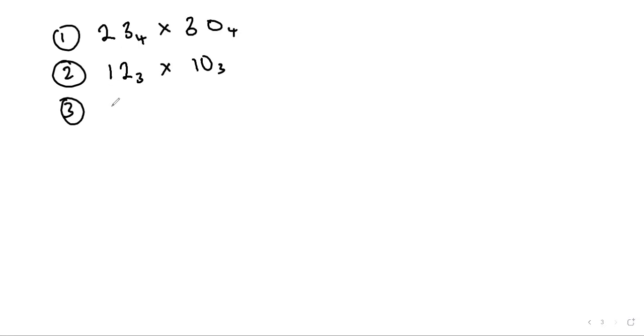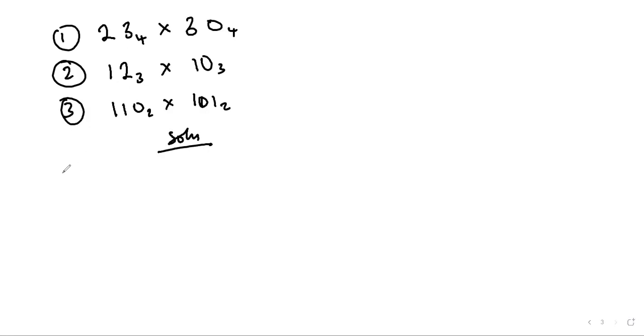Then in binary, 110 base 2 times 101 base 2. So you pause the video and try that out. When you're done, you check whether your answer is the same as mine.